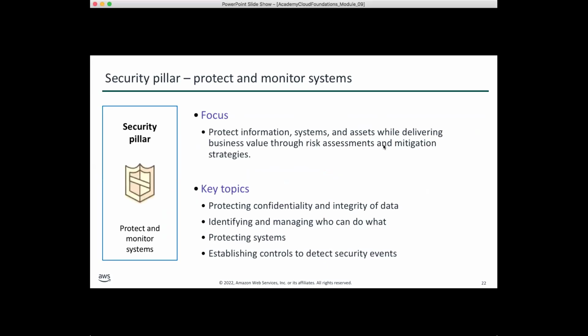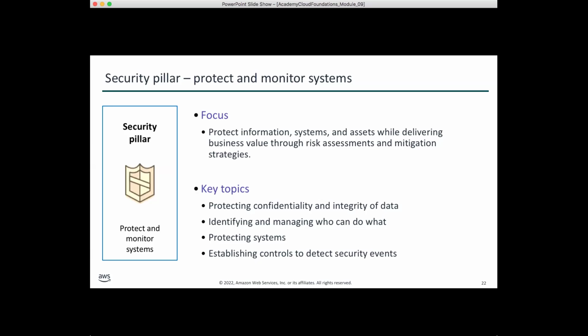The focus of this security pillar is basically to protect and monitor systems. The aim here is to improve the ability to protect information, systems, and assets while delivering business value through risk assessments and mitigation strategies.